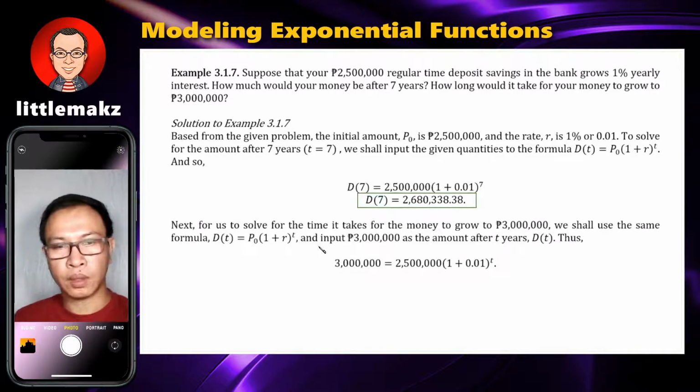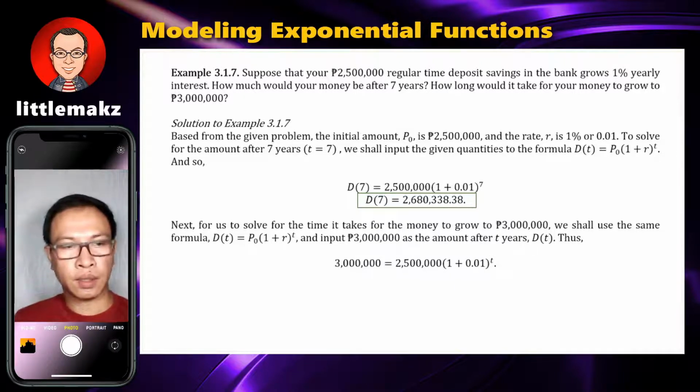To solve the time it would take for the money to grow to 3 million, we use the same formula. We simply input 3 million for d of t and look for t.